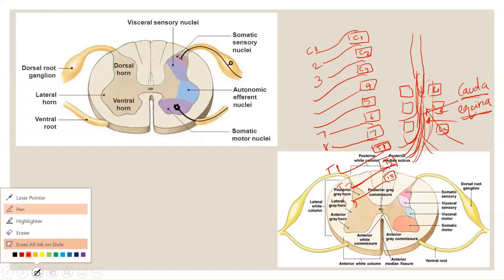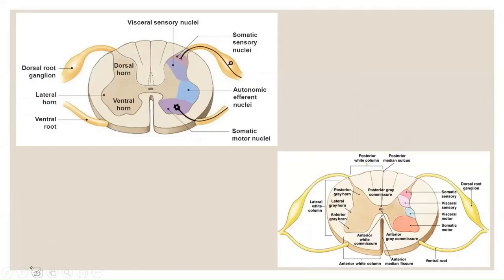Then here we have the cross section of a spinal cord. So in the anterior part, when you take the cross section, you have the gray matter in a wedge-shaped structure like this, and surrounding it you have the white matter. So this gray matter is divided into horns. You have the dorsal horn, you have the lateral horn, and you have the ventral horn.